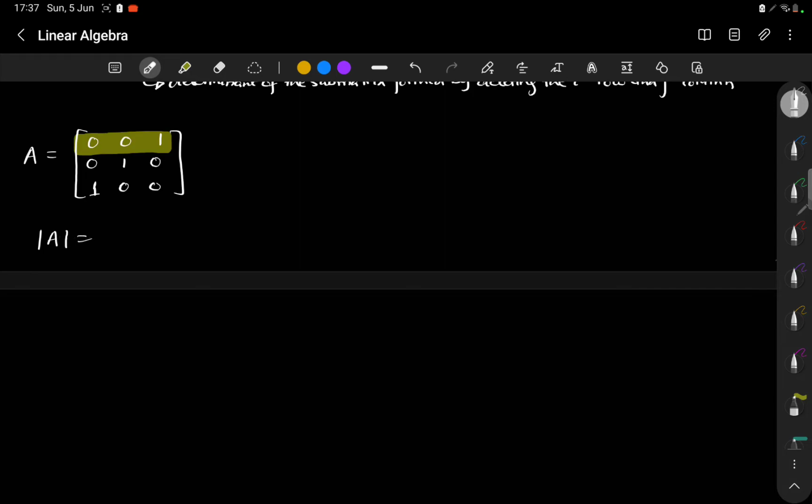So determinant A would be, the first element right here is 0. So 0 times, if we delete this row and this column, then we are left with this 2 cross 2 matrix, 1 0 0 0, and the determinant of this is going to be 1 into 0 minus 0 into 0.